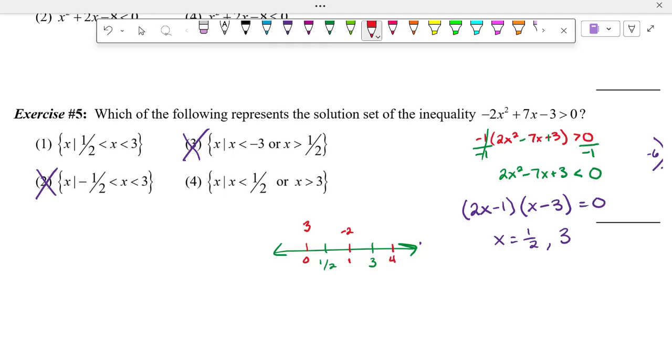Then for this last one, let's pick 4. Plug that in real quick. 4 squared is 16 times 2 is 32 minus 28. That would be 4 plus 3 is 7. So which one is less than in the middle? Yep.